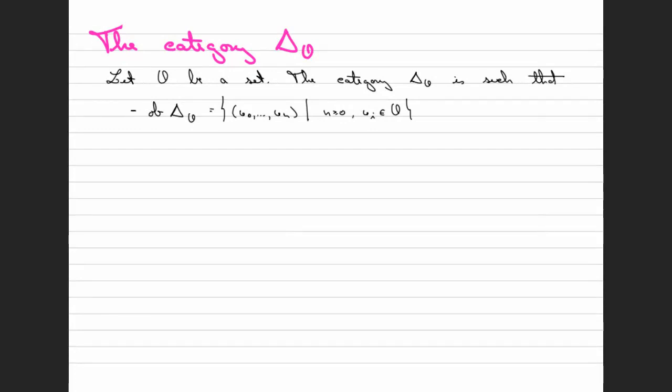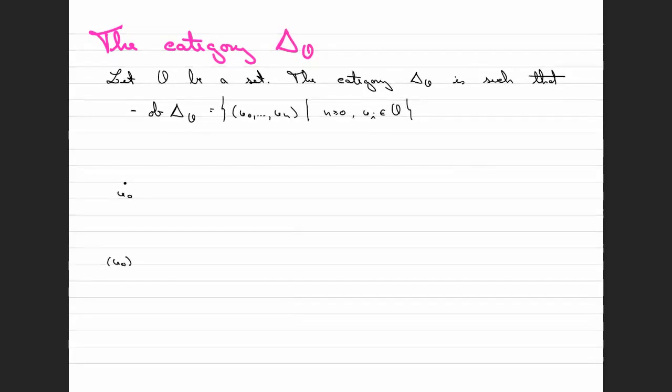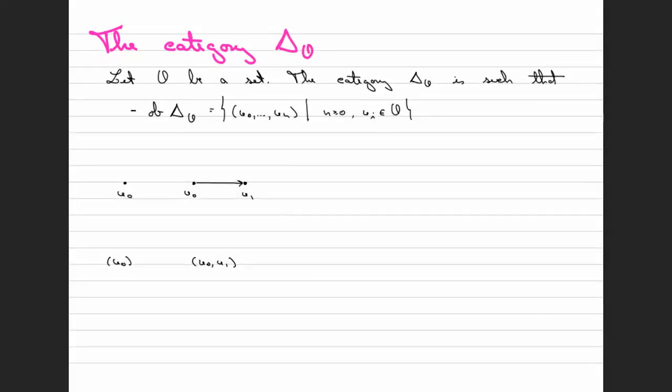So let me give some examples. We have the tuple just with the element x0, and we represent this object by a point labeled x0. Similarly, we have the pair x0, x1. We represent it as a line that goes from x0 to x1.